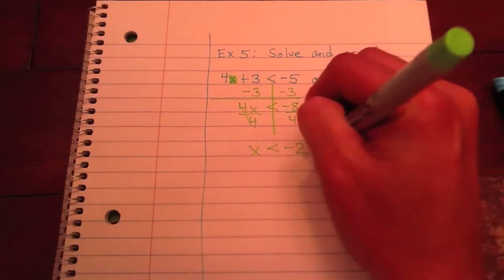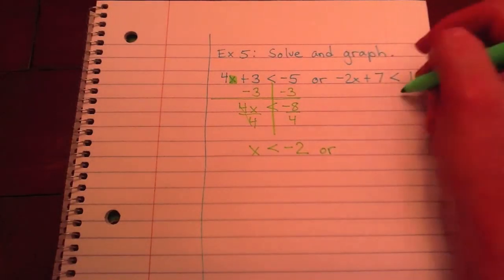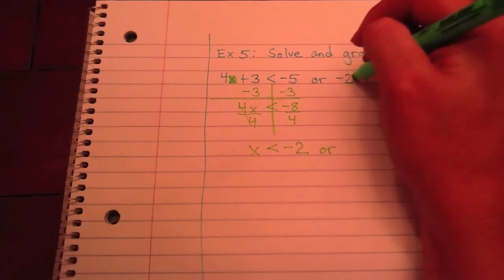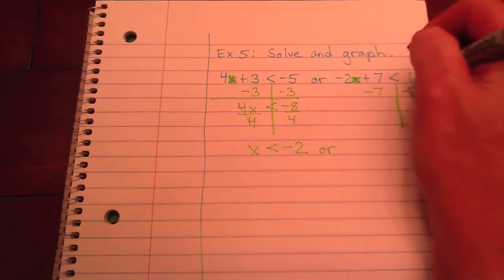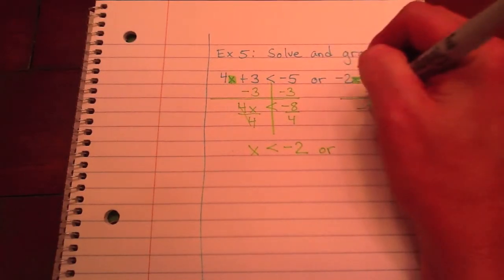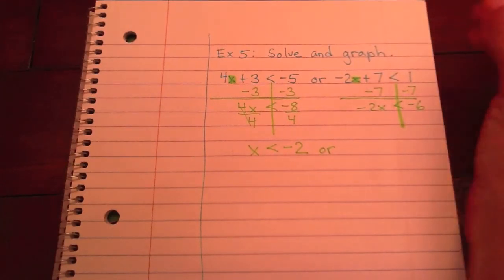Then I'm going to bring down the word or, and I'm going to go ahead and solve the second one. Same thing. Isolate that variable. So you would go ahead and subtract 7 from both sides. You end up with a negative 2x is less than a negative 6.